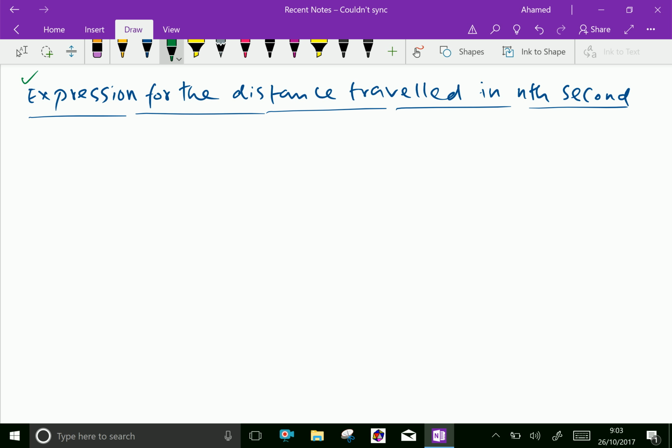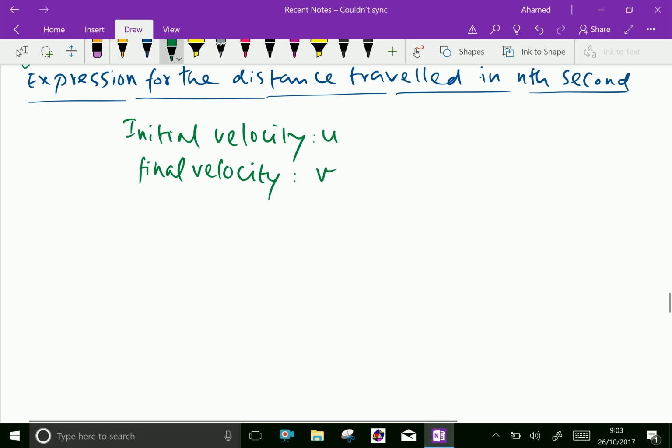Now let the body move with an initial velocity u and final velocity v, then acceleration equal a.